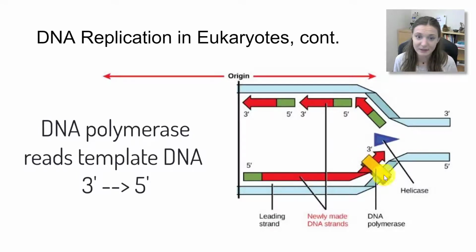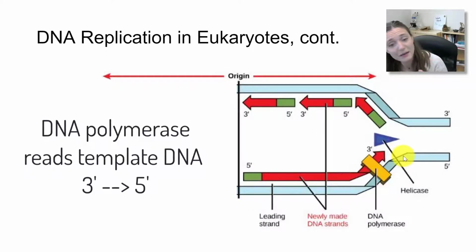So this DNA polymerase right here kind of started basically at the same time. We zoom back, both helicase and DNA polymerase would have started right here. On this strand, this is our 3' end, this end over here is our 5' end. DNA polymerase can continue along, falling right behind helicase in one continuous stretch.